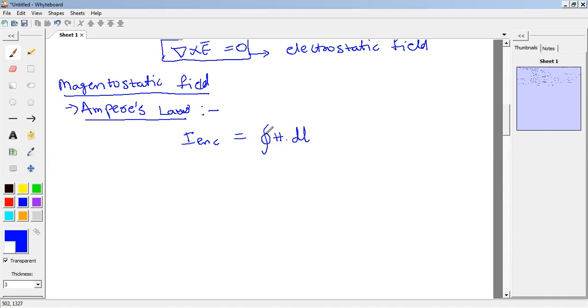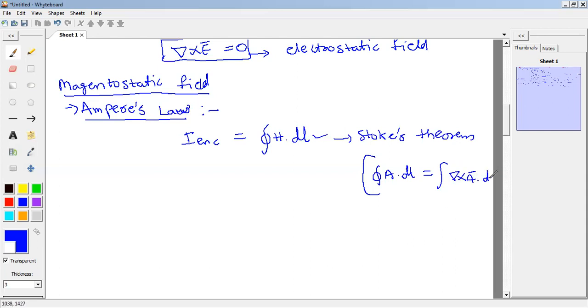From this equation, for the integral H dot dl, we can apply the Stokes theorem. Already I told that Stokes theorem states that the integral of A dot dl is equal to the surface integral of the curl of the vector.